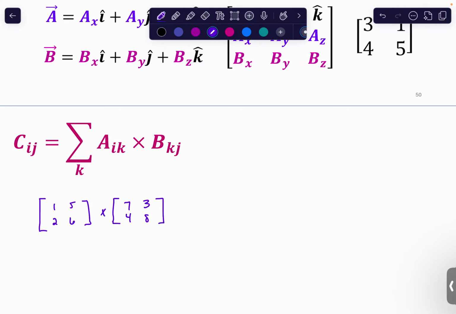Now remember, the k's have to be equal, so the columns of one have to equal the rows of the other, or else you can't multiply them.